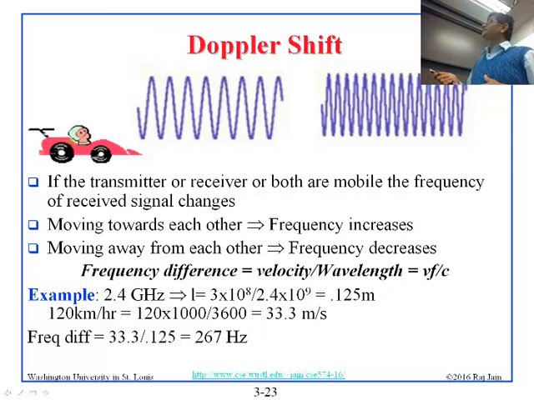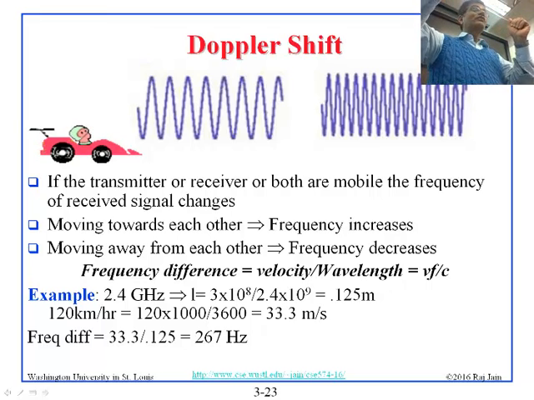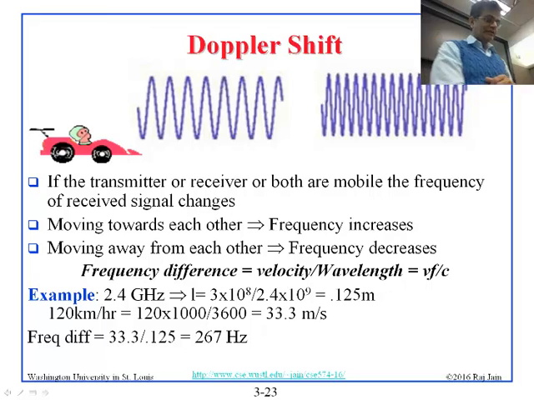Now the interesting thing is, if you are driving in a car, moving, then when you are moving towards the source of the sound, you are going to get more cycles per second than that being transmitted. Does that sound common? This is what is being transmitted, but if you are coming, you will get more cycles per second because you are just moving towards the source.